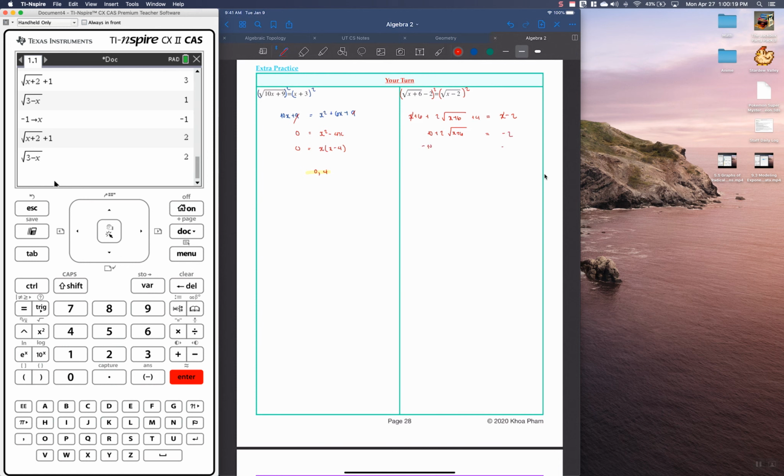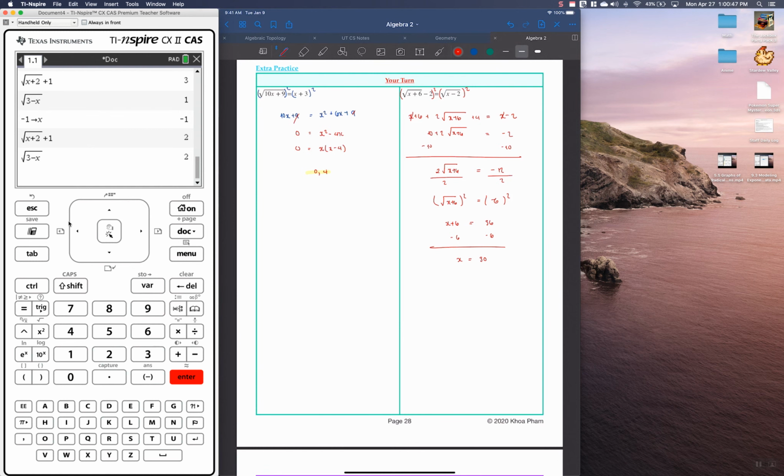Minus 10, and so x equals 30, we do get a legitimate answer.